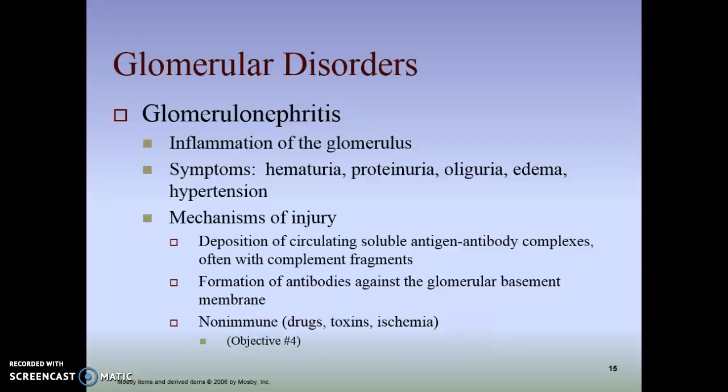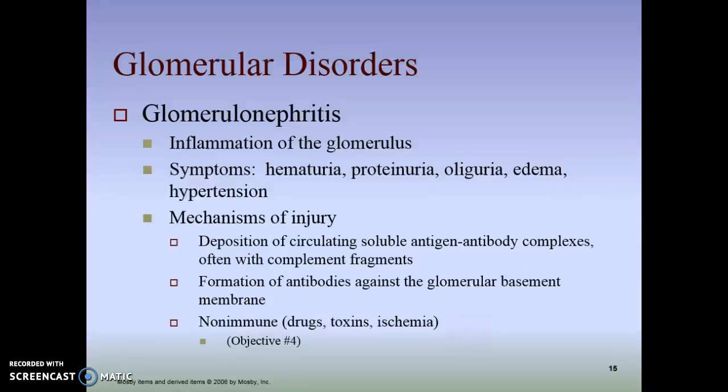Alright, so glomerulonephritis is simply an inflammation of the glomeruli. Symptoms are going to be hematuria, proteinuria, oliguria, edema, and hypertension. Glomerulonephritis is a group of diseases of the glomeruli that are caused by a variety of factors.